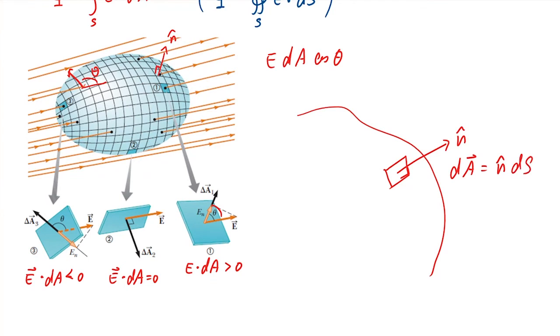Remember last year when you take a cross product of two vectors, the cross product is perpendicular to both of them, and the magnitude is the area of this parallelogram. So if you just cross the two vectors, that's our ds or dA.